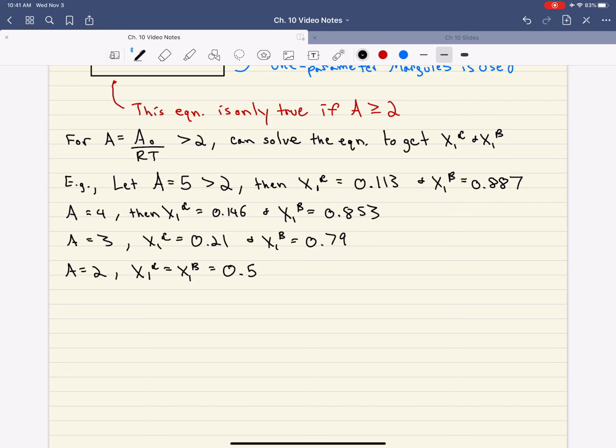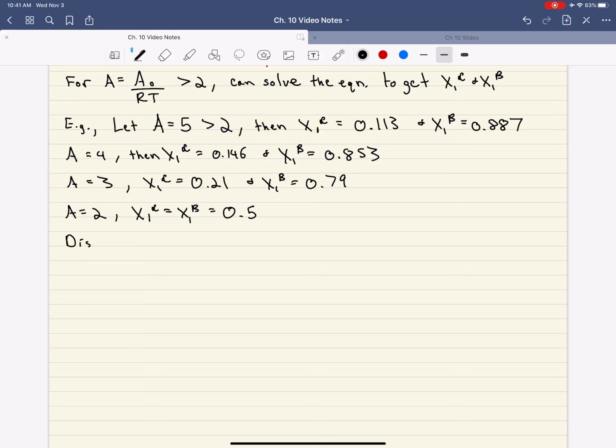Okay? And so if you look at these numbers, you can see a trend that as we decrease A, the distance between x1 alpha and x1 beta gets smaller and smaller until we get to that critical A value of 2, where the x1 beta and the x1 alpha values are equal to one another.